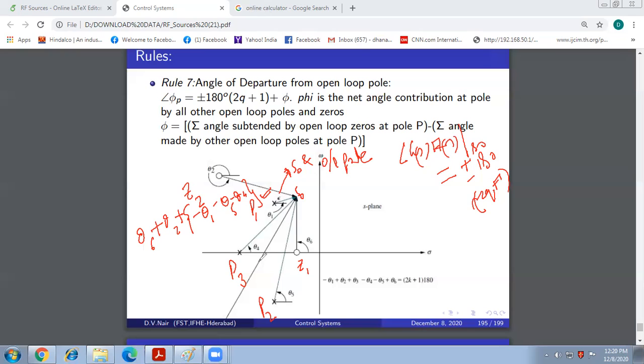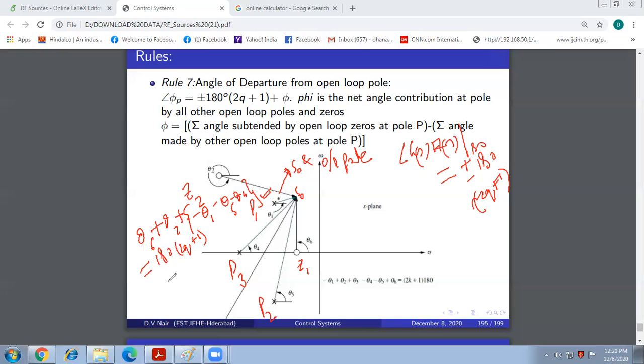In that case, we know the sum of all these angles has to satisfy the angle criteria, that is plus minus 180 degrees, some odd multiple of this 180 degrees, where q runs from 0 to any integer.